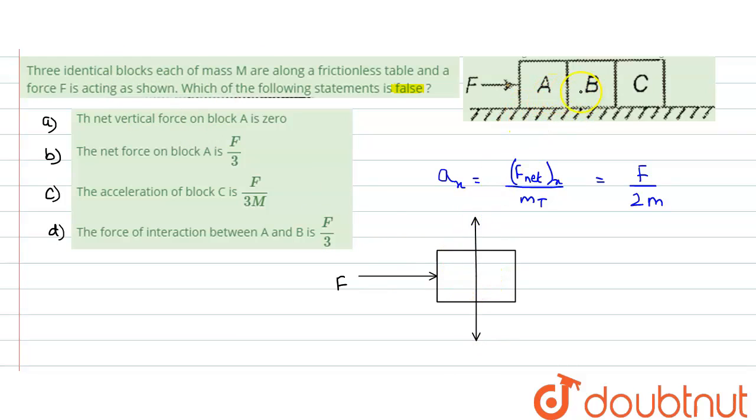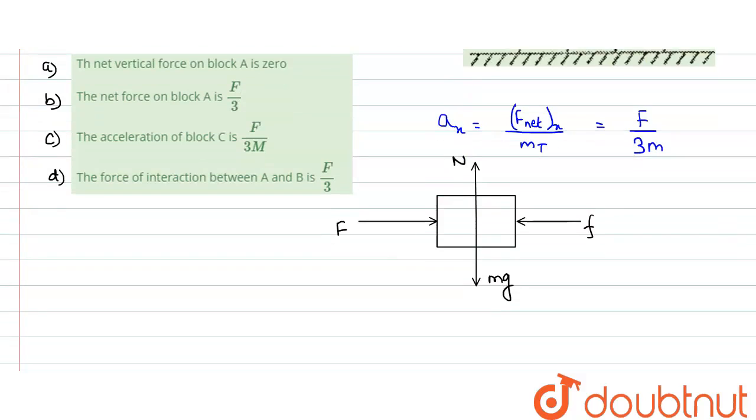Due to interaction between A and B, A would be hitting B in this direction, so consequently B would be hitting A towards the left side. So this is the force of interaction between A and B. Let's denote it by small f. This is our normal reaction, and this would be our mg. The total mass is not 2m but 3m, M plus m plus m. Okay, this is the case.